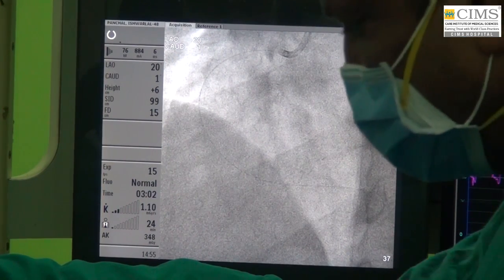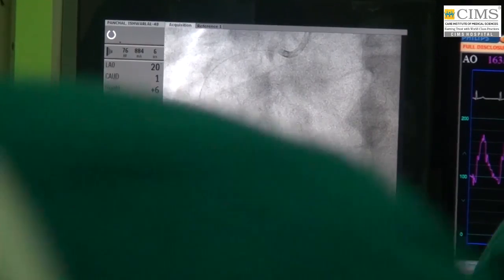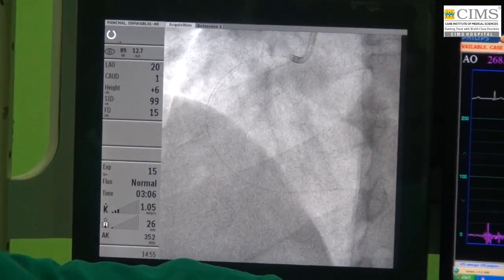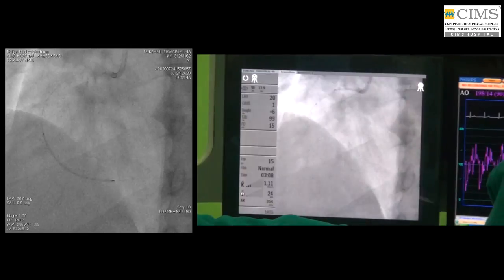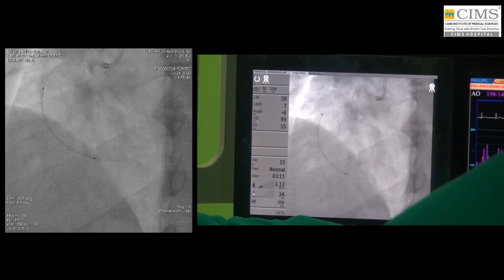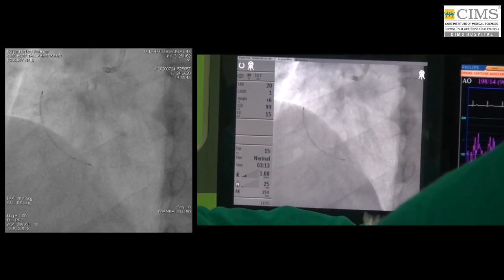Dr. Keyur, do you dilate multiple times or only one time? I dilate for a long period of time, usually 30 seconds to 45 seconds at nominal pressure or 10% higher than nominal.